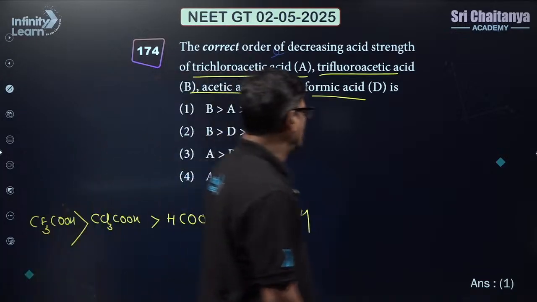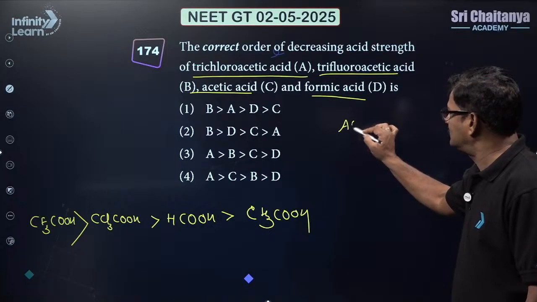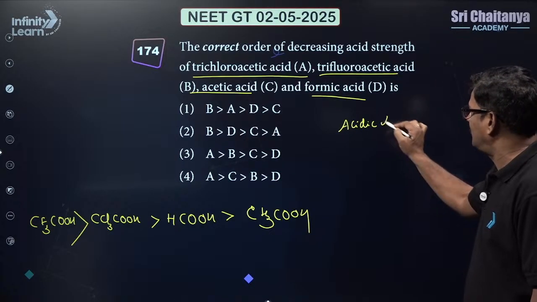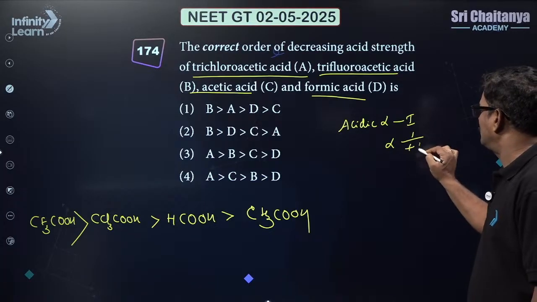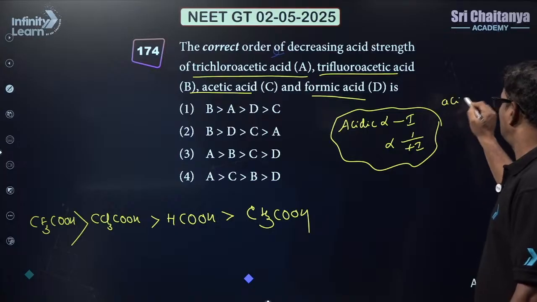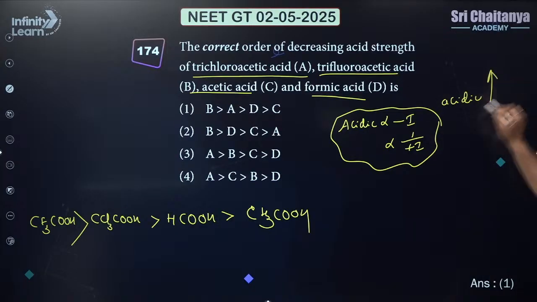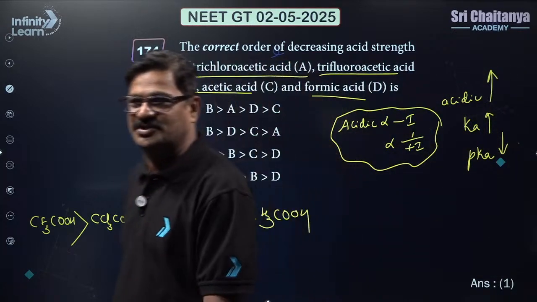So that is the order, and I want to give you a key point here. Acidic strength is directly proportional to negative inductive effect and inversely proportional to positive inductive effect. That is the key point. Acidic strength increases, Ka value increases, pKa value decreases. Mind it, Manasa and Ashish.